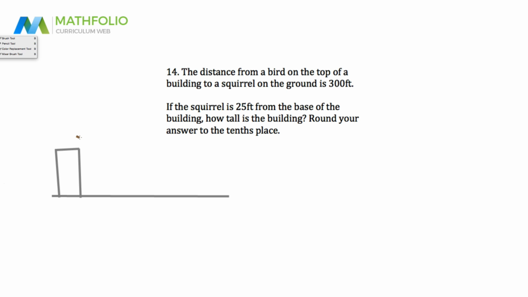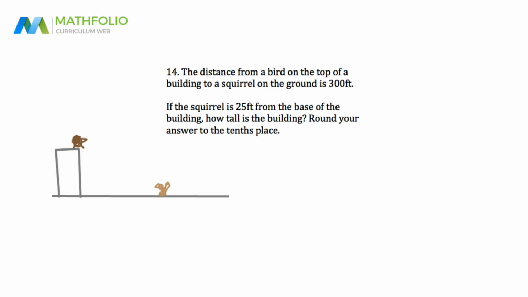Gotta get my pencil tool. Alright, worst bird ever. From a bird all the way to a squirrel on the floor. So here's my squirrel. I have no idea what I'm drawing right now, but this distance is 300 feet.